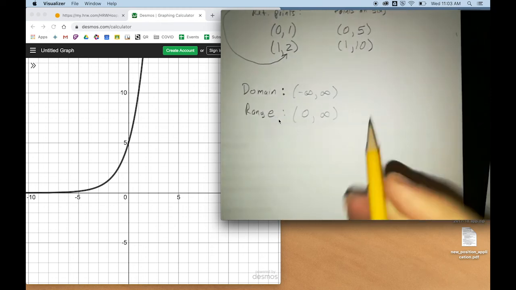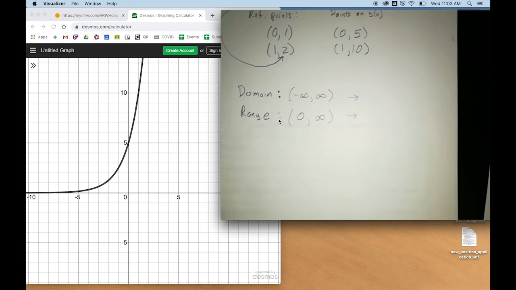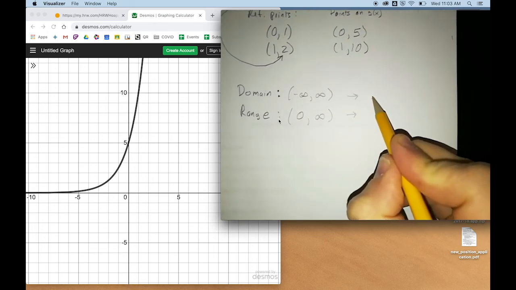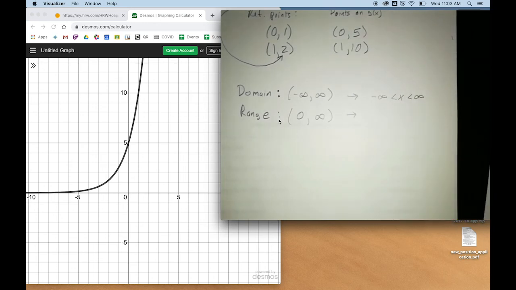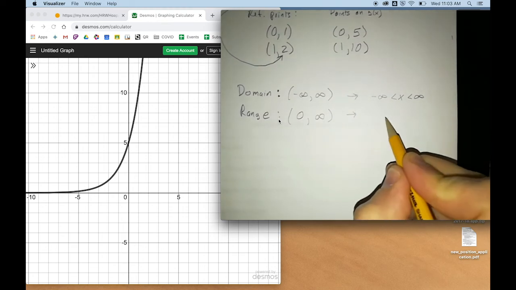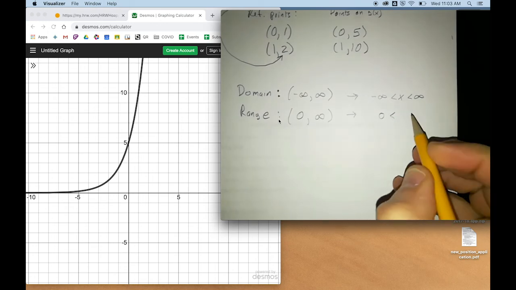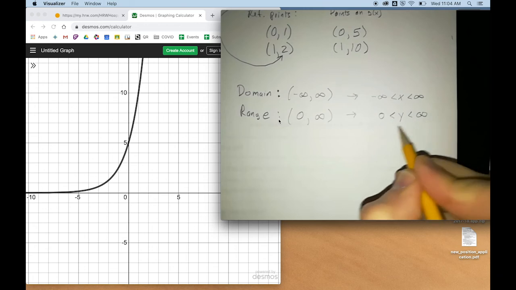Okay, now how do you write this in inequality notation? Just a little review, because this is what the website likes to use. If it's been a while since you've used inequality notation, that's how you would write that. One way to write this would be like this.